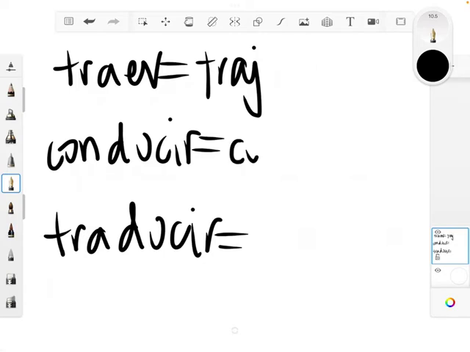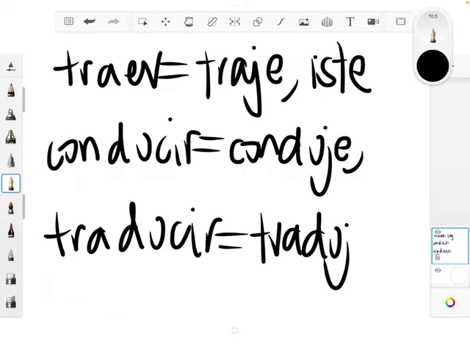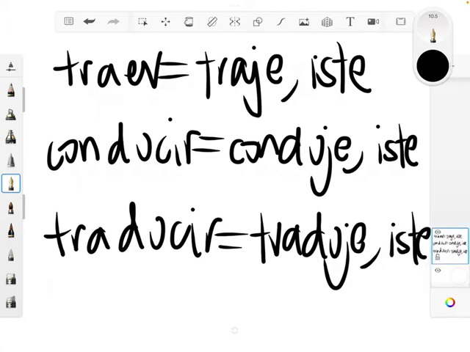Conducir and traducir, same thing. Traje, trajiste, conduje, condujiste, traduje, tradujiste. Okay, and you can see the rest of the forms written out there in the chart beside it.